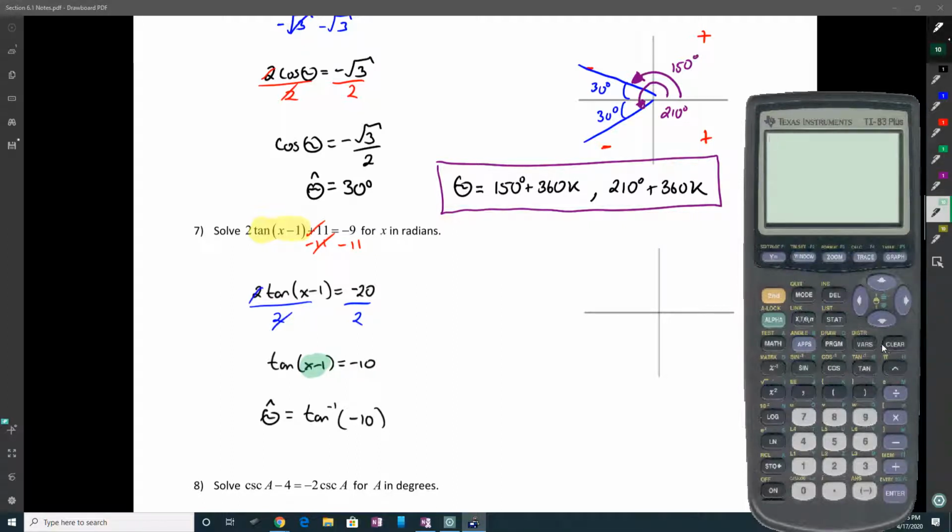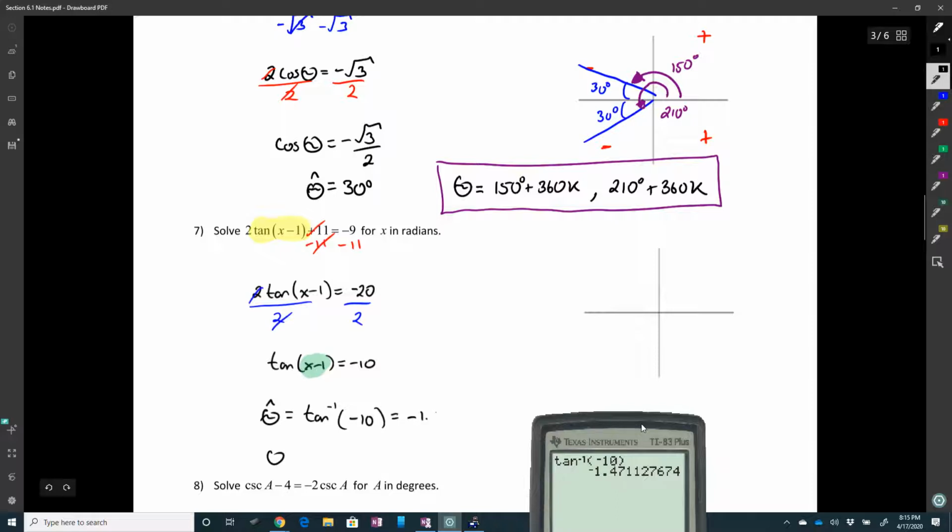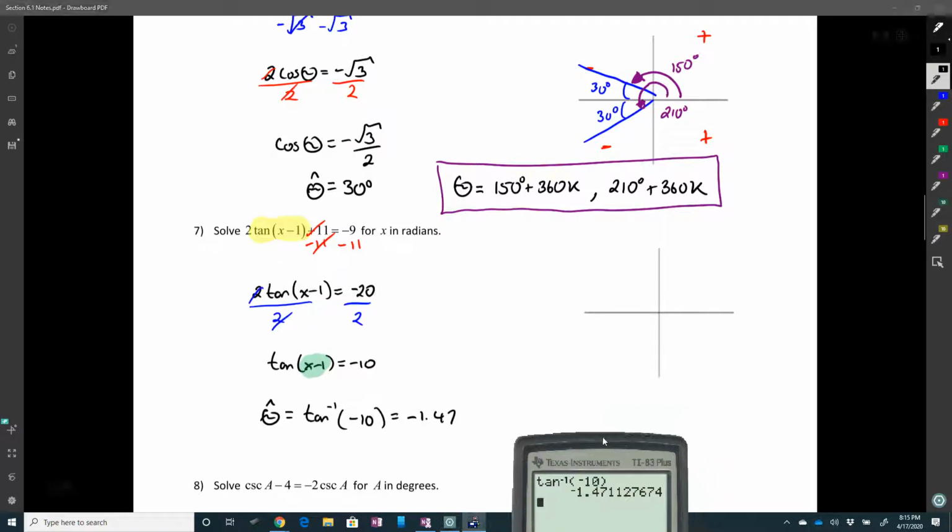So inverse tangent of negative 10, and I get negative 1.47. Okay, if we're dealing with tangent, it's positive, negative, positive, negative. And so negative 1.47 is over here.